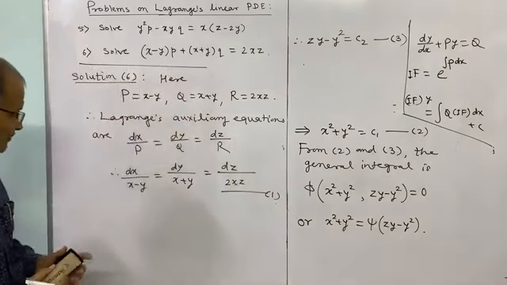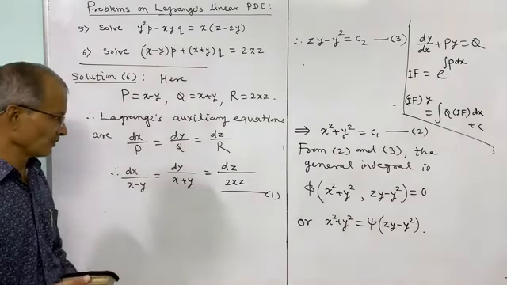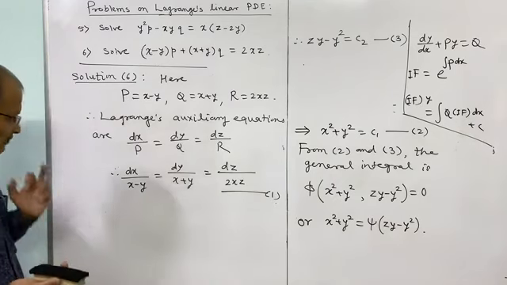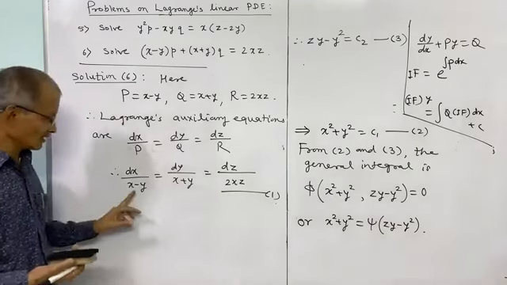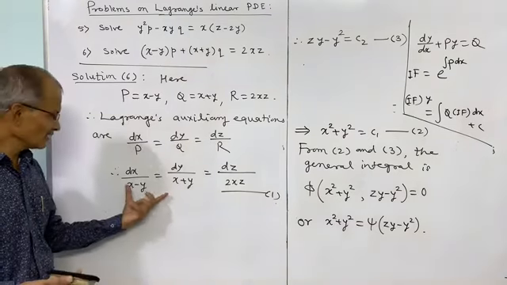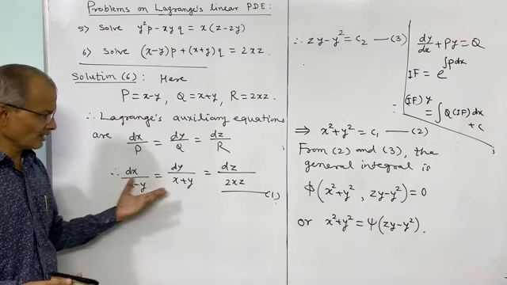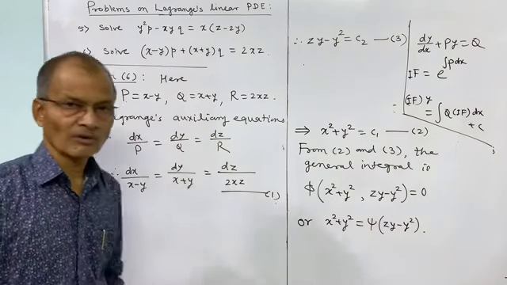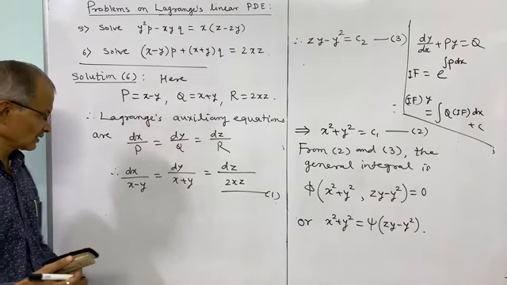Now think about grouping, so which will be useful, or think about the multipliers. Grouping here will not help because there is subtraction and addition here, and equating these two will not cancel any variable, or equating these two first or second also will not help. So first we shall think about the multipliers.